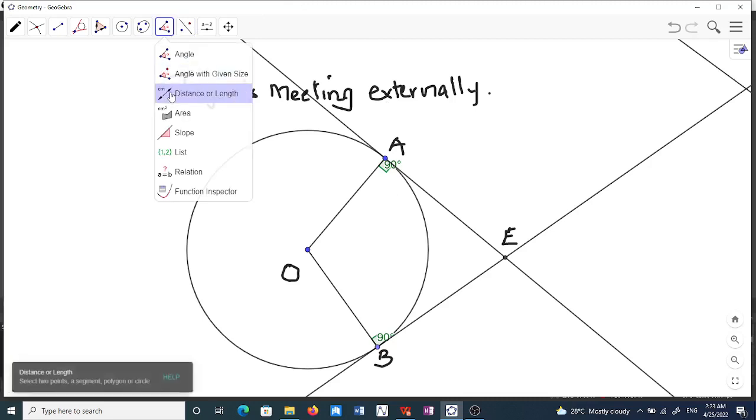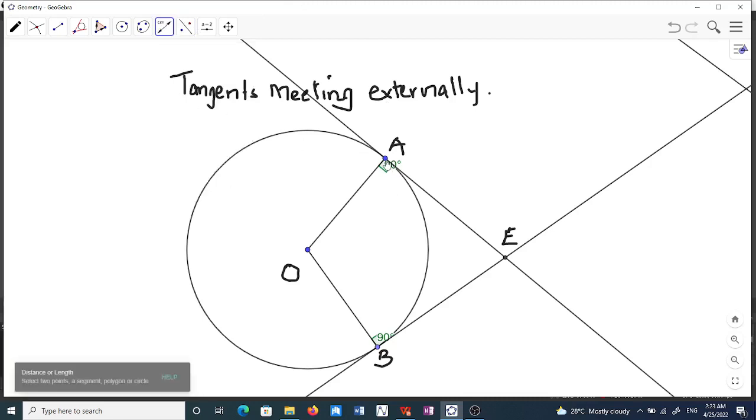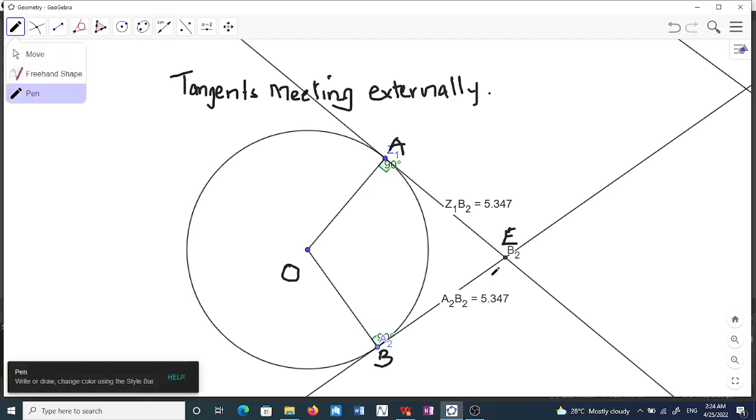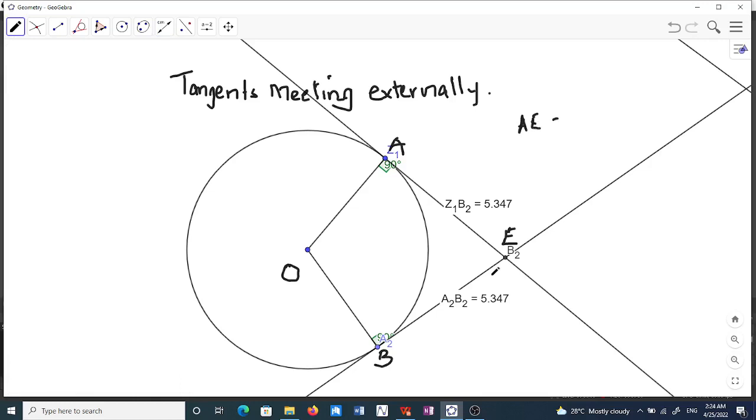Now, what else about the tangents? When we are talking about these tangents, we can also talk about the distance to the intersection point, which is 5.347, and the distance from here to the tangential point. You can see again the distance AE and BE are equal. So in this relationship when we have tangent points, the distance AE is equal to the distance BE.